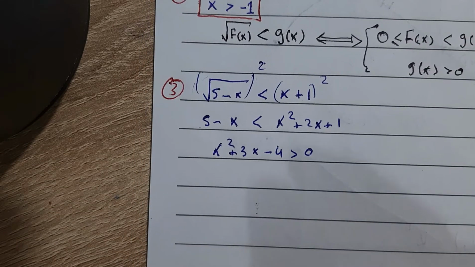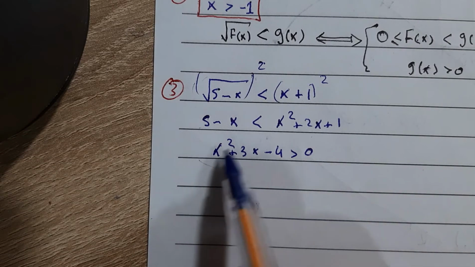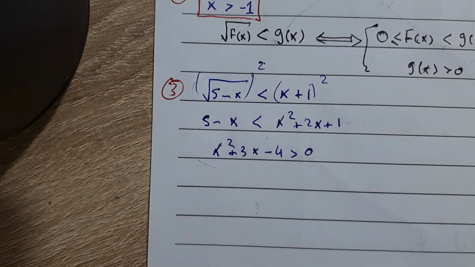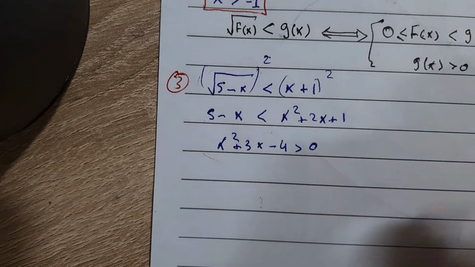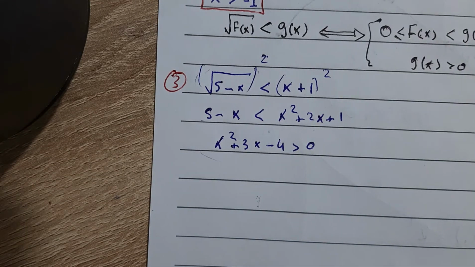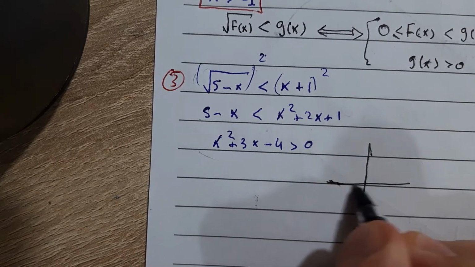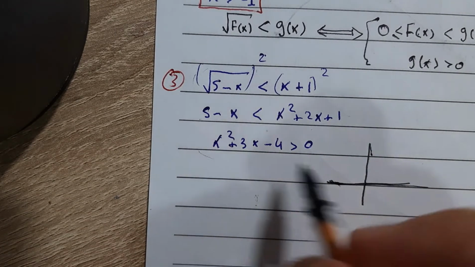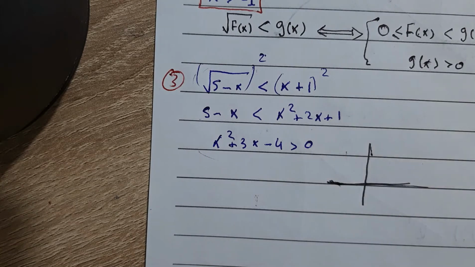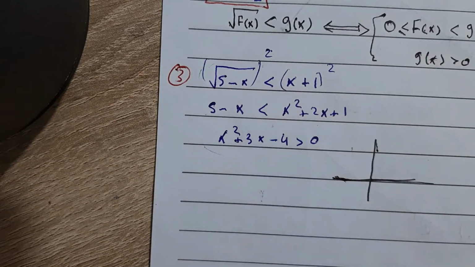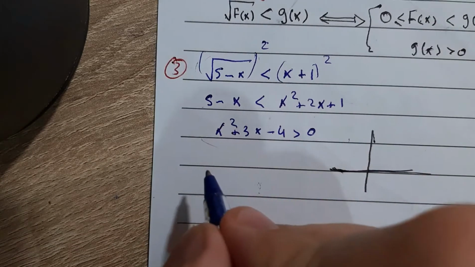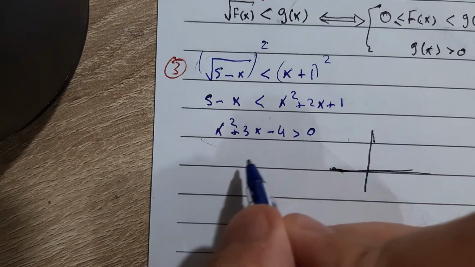All good here. Now, when will this quadratic function be bigger than 0? Well, let's find the roots of the function and then we will trace the graph. Number one is that it is positive, so it is like this, right? But let's find the roots.